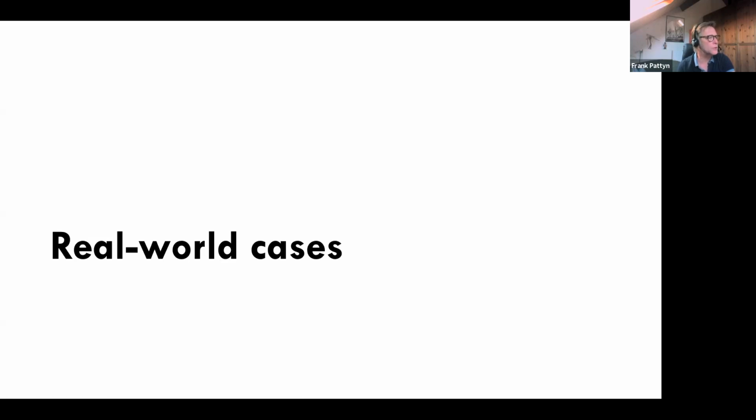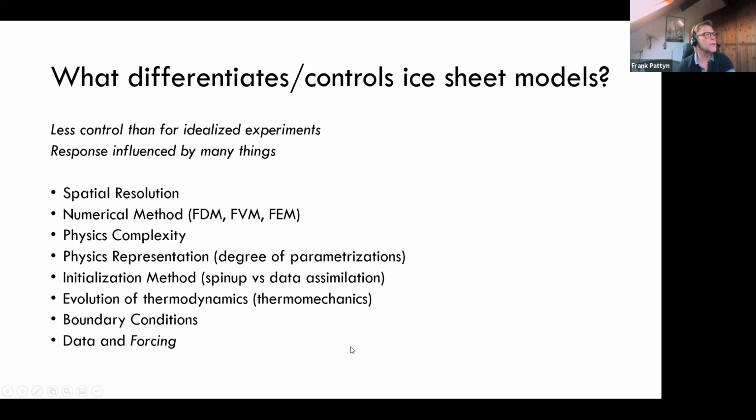Real-world cases are a bit more complicated, in the sense that there are many more things that differentiate and control ice sheet models. For instance, if you do an intercomparison on the real world, you have less control than for idealized experiments, and the response that you get is influenced by many things.